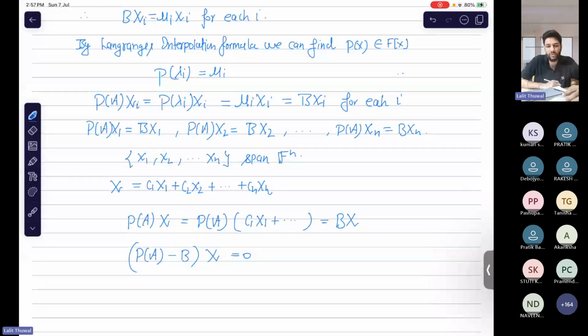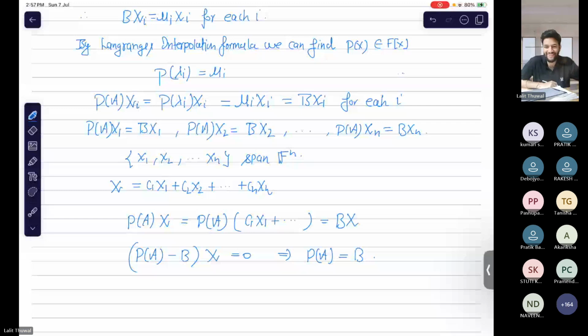So this holds for every vector. This implies PA is equal to B, right?